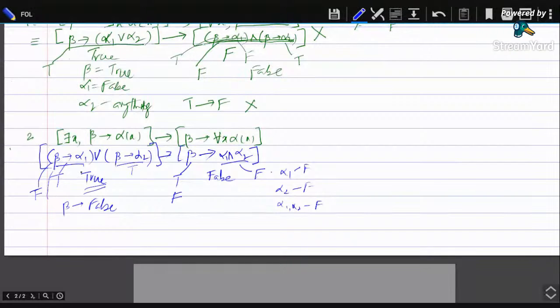If we want it to be true, what we have is alpha 1 to be true, alpha 1 you make true. So alpha 1 is true, beta is true. So true implies true is true.